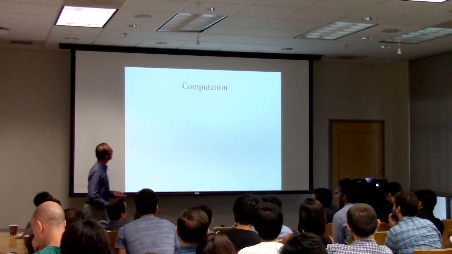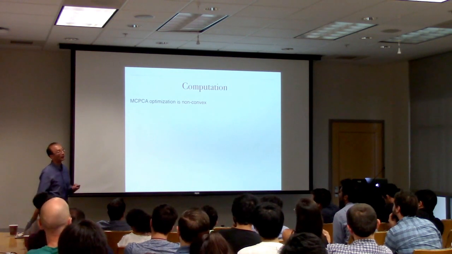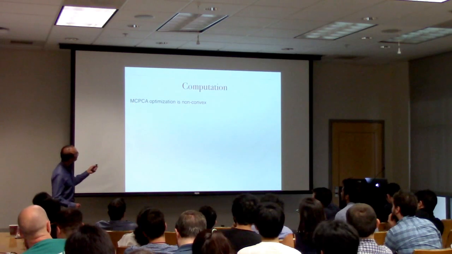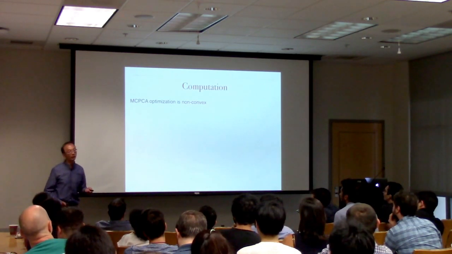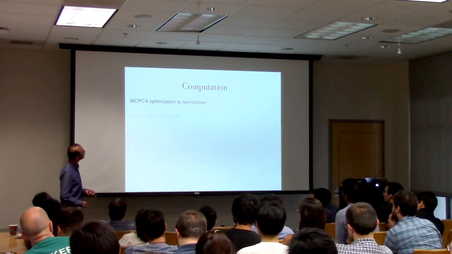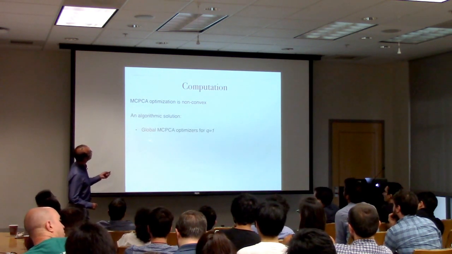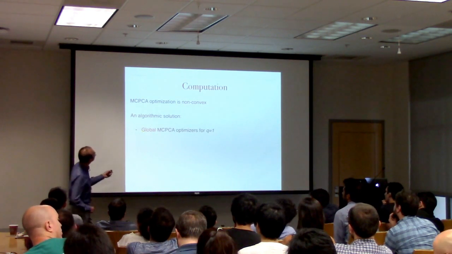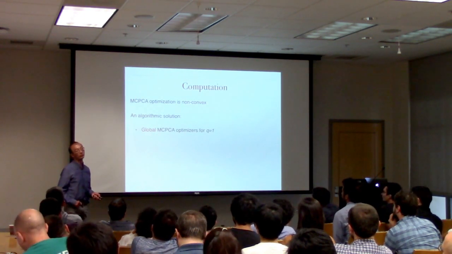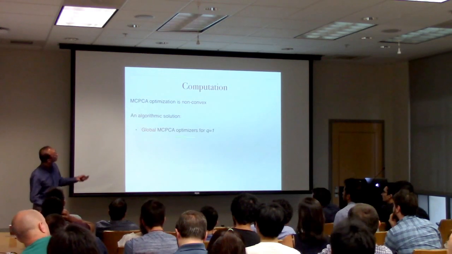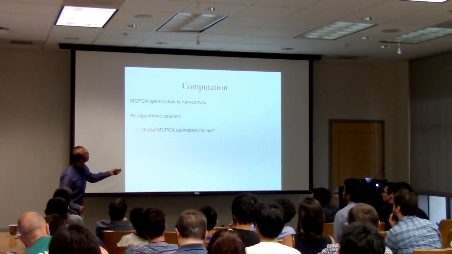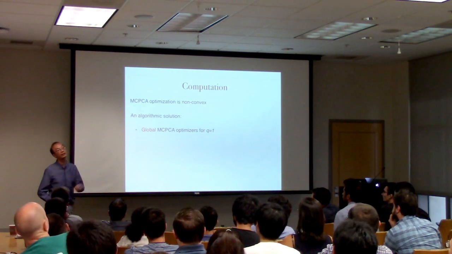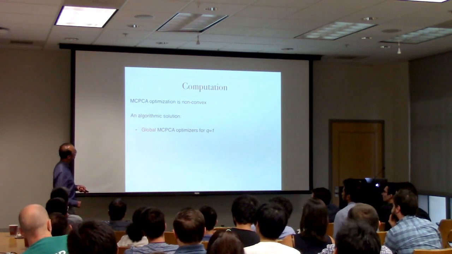So computation, we have made some progress, but I must say we don't have a complete solution to the computation problem. The MCPCA optimization is actually a non-convex optimization problem. What we did was we showed that for Q equals 1, that means projection in one dimension, we can replicate the nice story for two variables, maximum correlation, which says that we can solve for the global optimizer efficiently, analogous to basically the second singular value computation of Witsenhausen.